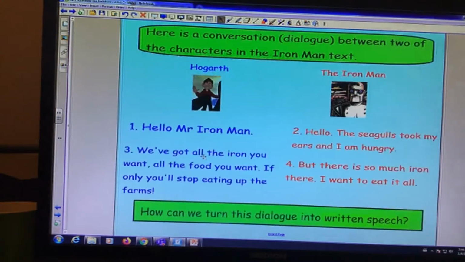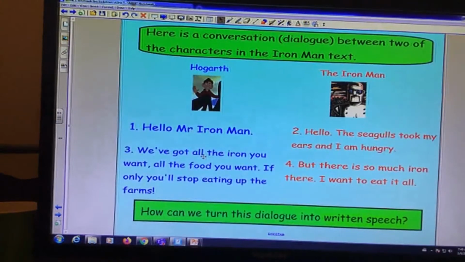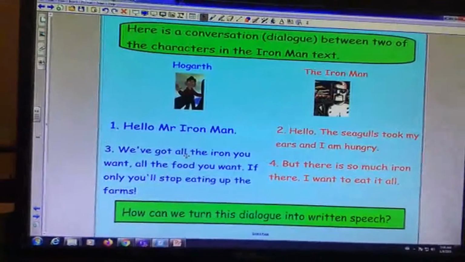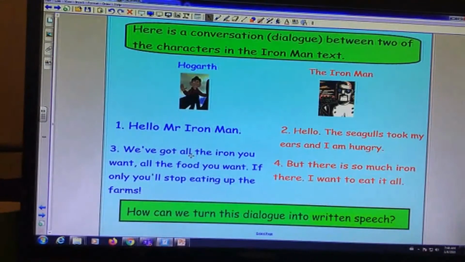Okay. So here is a conversation between two characters in our text. Now, we've not met Hogarth yet, but we'll be meeting him very, very soon. And it says, Hogarth: "Hello, Mr. Iron Man." And the Iron Man says, "Hello, the seagulls took my ears and I am hungry."